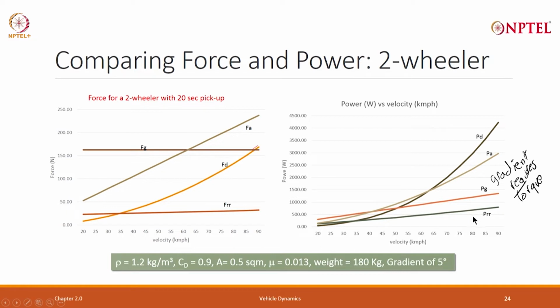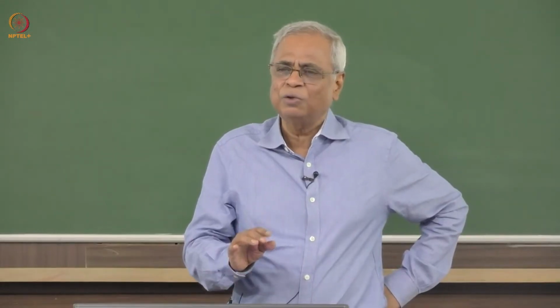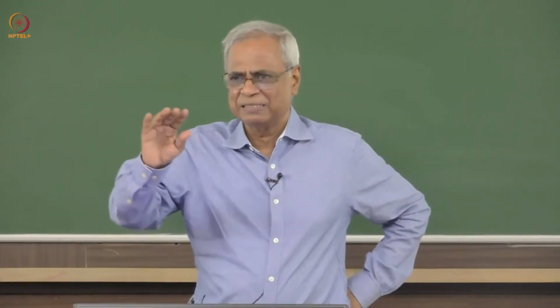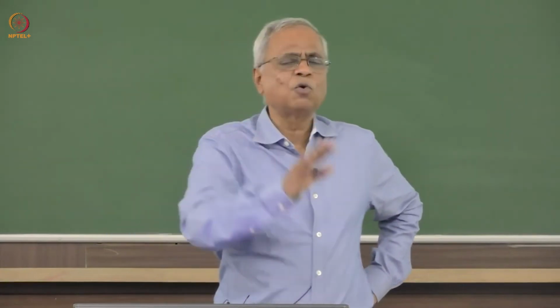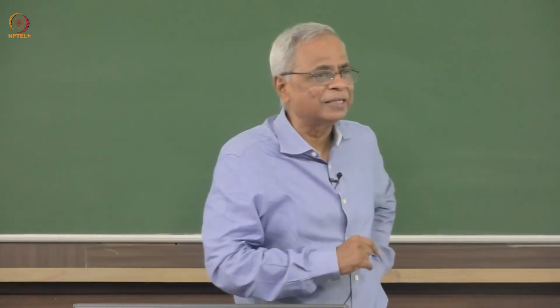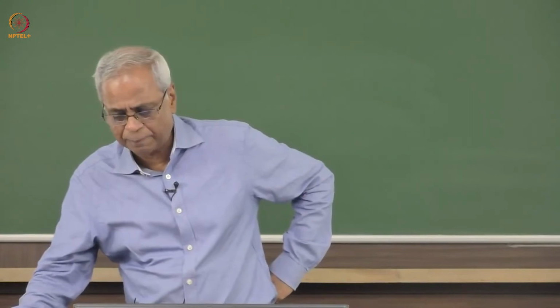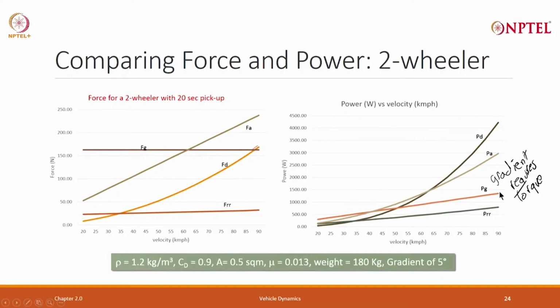Now, at what speed are you going up the gradient? Typically, you do not go up a gradient at high velocity, you go up at a low velocity. Remember, in this computation we assumed that if the normal speed is 60 kilometer, it will go up at 20 kilometer, 1/3 of that. So, this curve has been computed assuming that you are actually traveling at 30 kilometers, not the value at 90 kilometer.